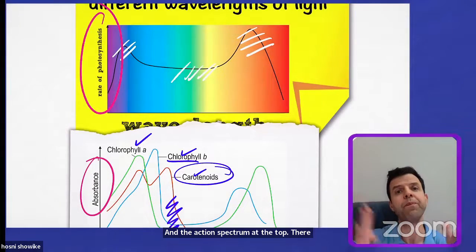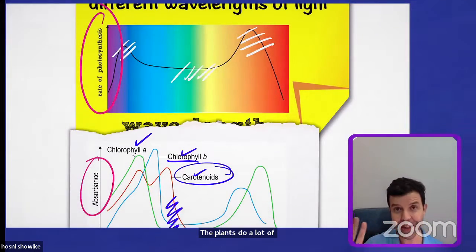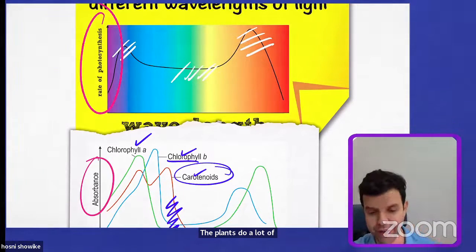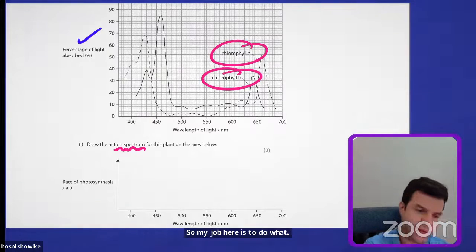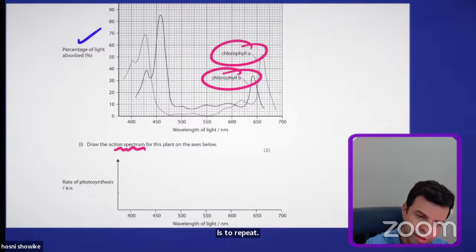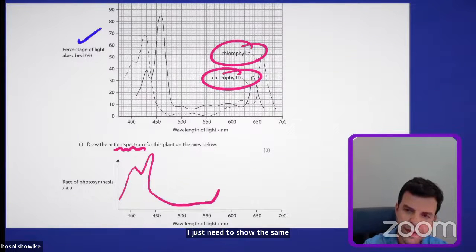Because simply, the plants do a lot of photosynthesis when they absorb light. So my job here is to repeat the same graph, same pattern. It's a sketch. I just need to show the same trend somewhere here.